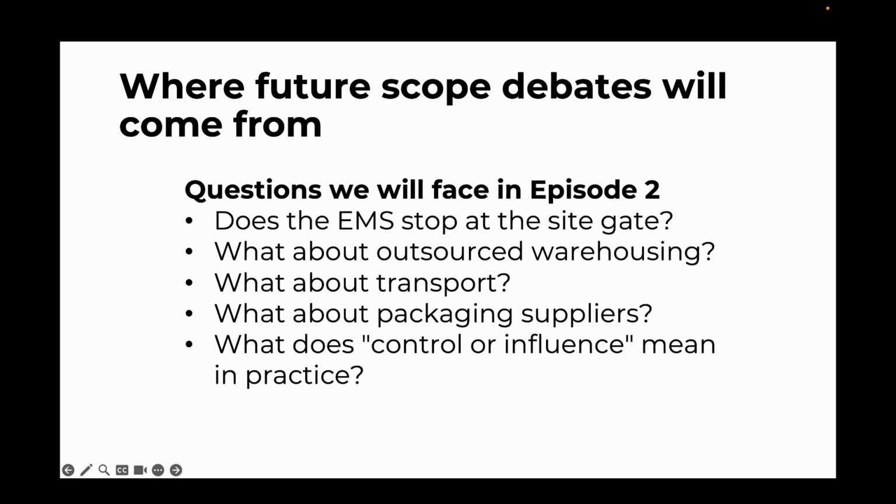What about packaging suppliers whose environmental performance affects the life cycle of the product? And when the standard talks about what the organization can control or influence, how far does that go in practice? Those are not drafting questions. Those are management questions. And in episode 2, that is exactly where we will go.